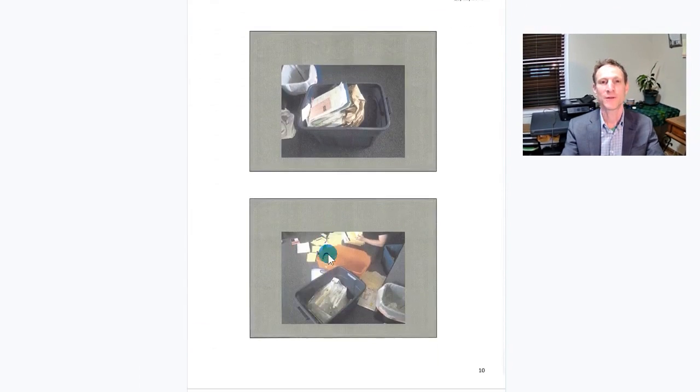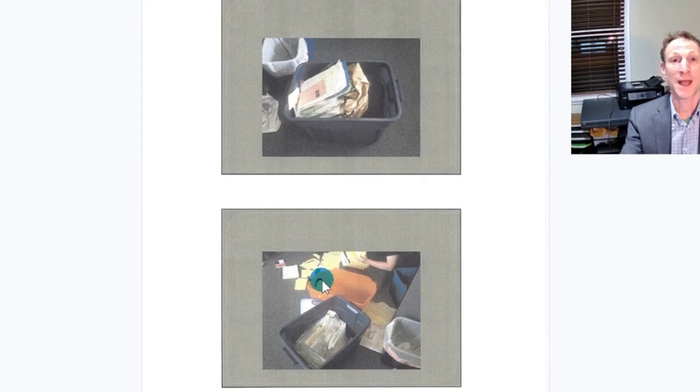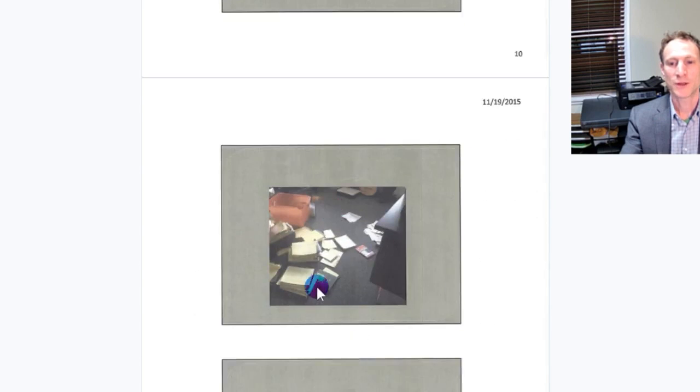This is an example of a client who came to me whose books were a mess. Just a tub filled with papers. I go through and start putting things in piles, finding out what are the like things in there. It's so much easier if you have stuff on spreadsheets, if you can get downloads.